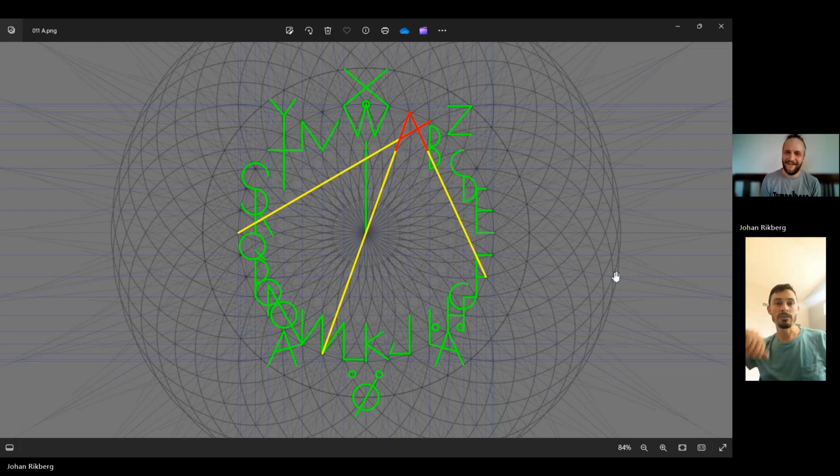It's also interesting how you designed this with the yellow lines showing the angles. I would be interested in knowing what the degrees are in these angles. Maybe that's something we can do behind the scenes, just talk about.